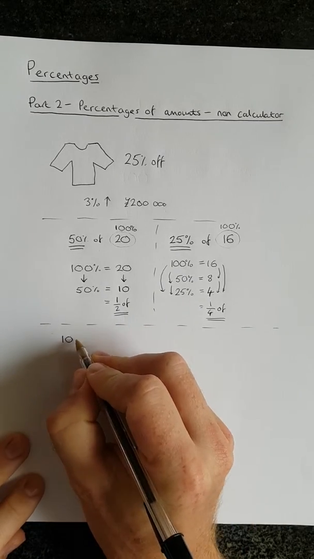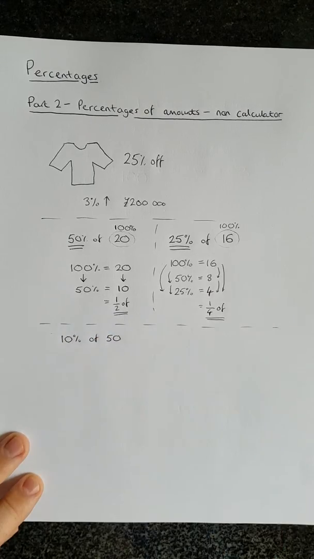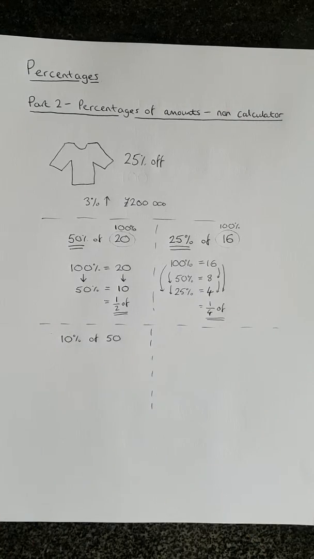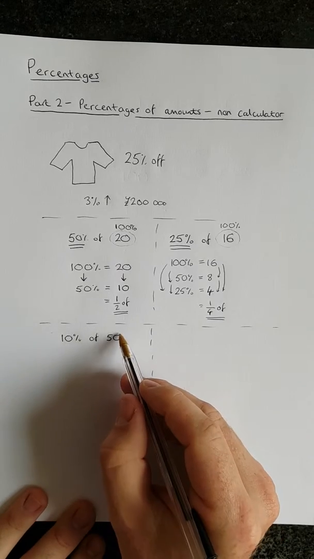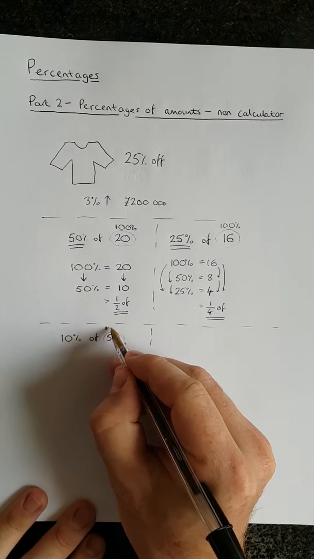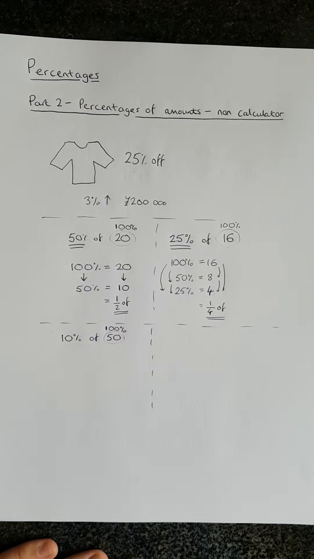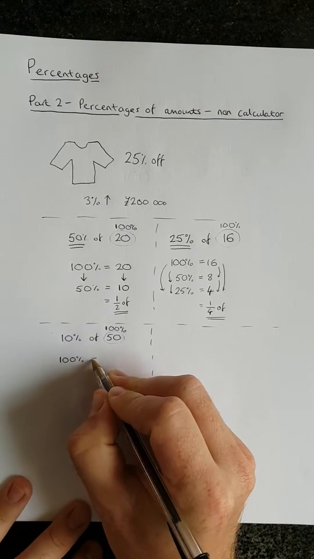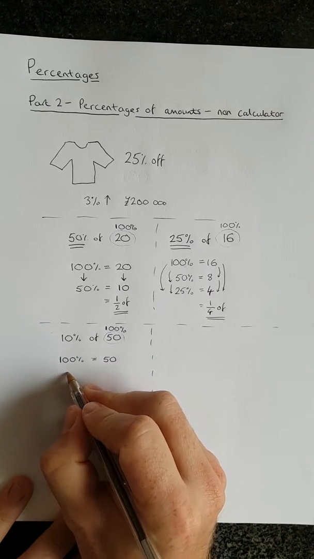Next up, 10%. Okay, 10% of 50. So 50 is the original amount. So 100% is equal to 50, and I'm going to try and find 10%.